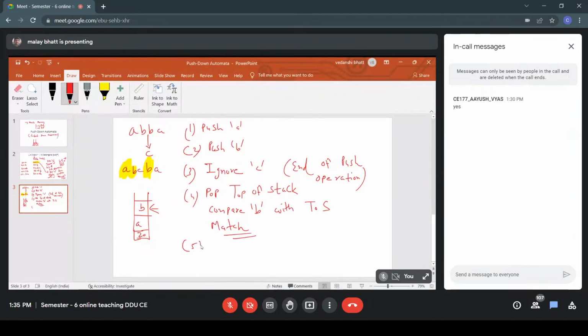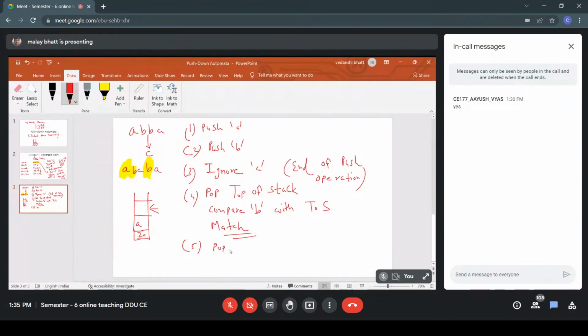So next we'll consider the symbol as A. This will be removed from the stack. Now we have to pop another symbol from the top of the stack. So this is what we'll do now.